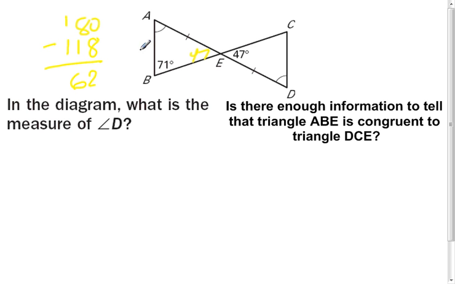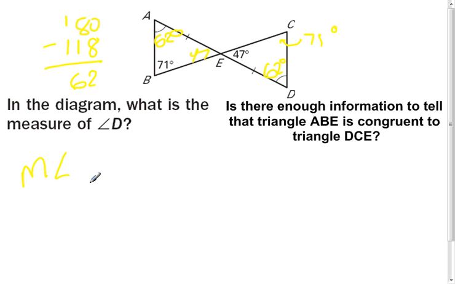Okay, 62. There we go. Angle A has to be 62 degrees. Over here, this would have to be 62 degrees. And using that same reasoning here, this angle, angle C, we can figure that out. It doesn't ask for it, but why not? That's also 71.